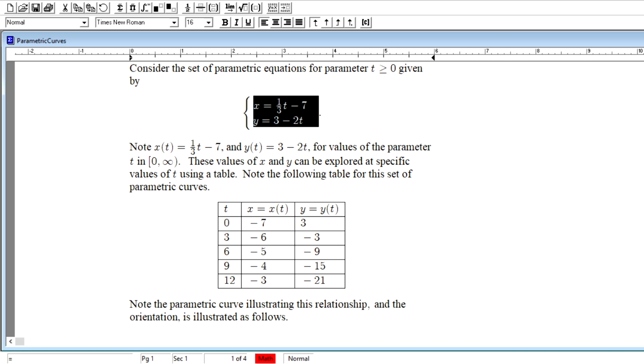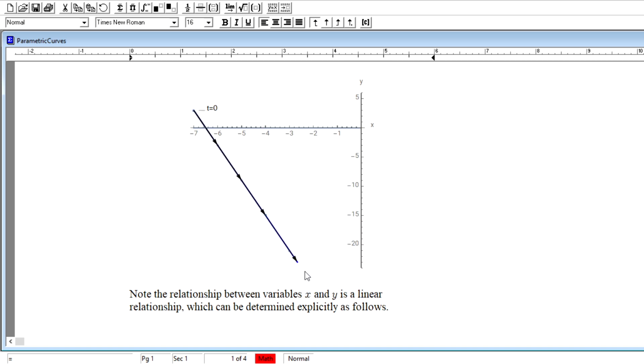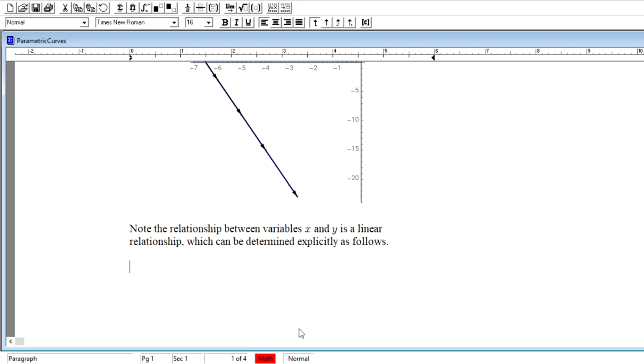And what we do see in the illustration is that underlying relationship for x and y is itself linear. To explicitly find that relationship, we could take note of the following.